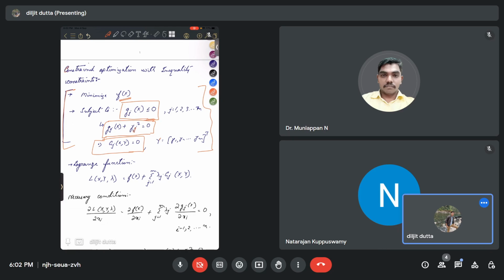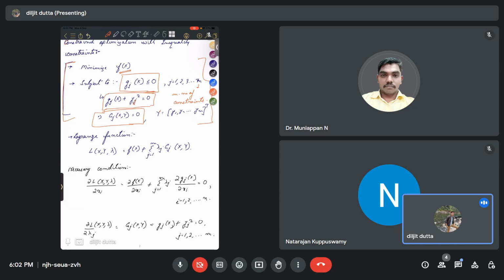M is the number of constraints. So now we have the problem in a similar formulation to what we saw last week, that is, a minimization function and an equality constraint. So we can use the Lagrange multiplier method to get the optimal solution.